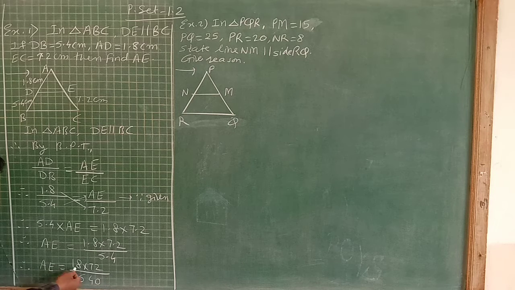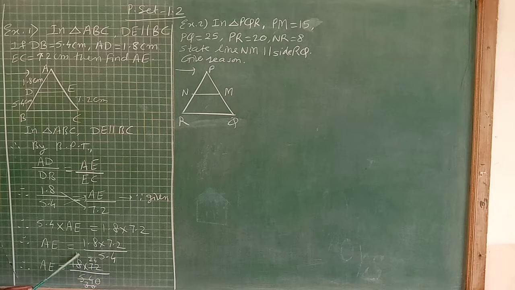So now 18 and this 540, in which table? In the 18 table: 18 times 3 is 54, 18 times 30 is 540. Now 72 and 30, in which table? It is in the 3 table. 3 times 10 is 30, 3 times 2 is 6, then carry 1, 3 times 4 is 12.